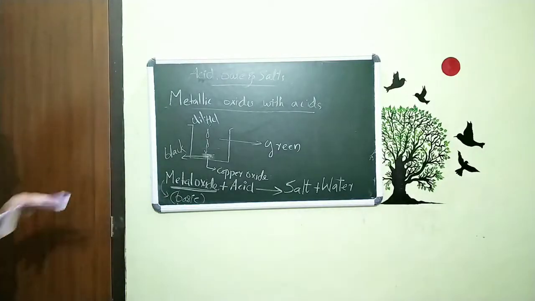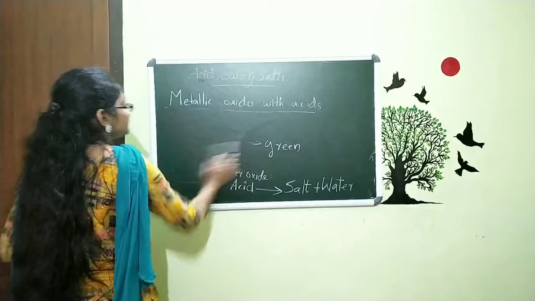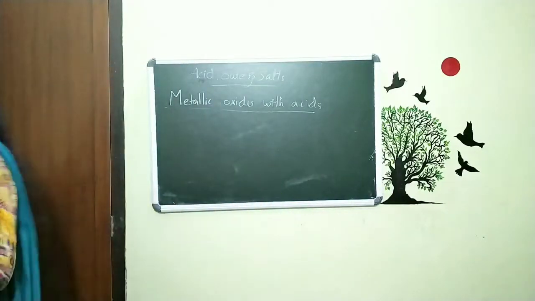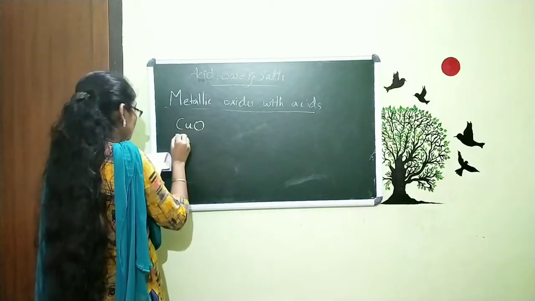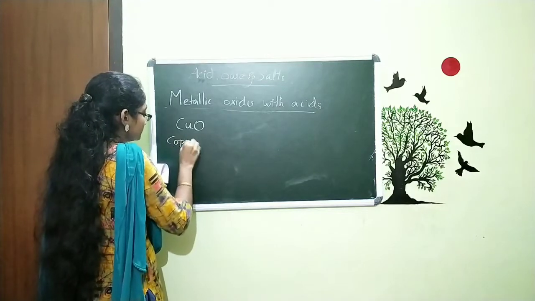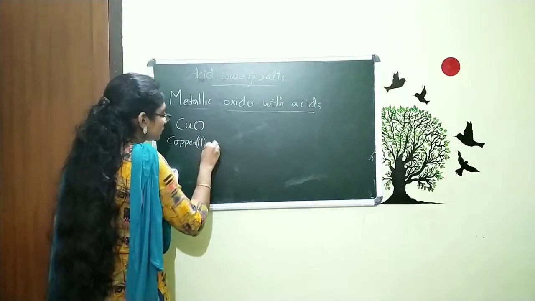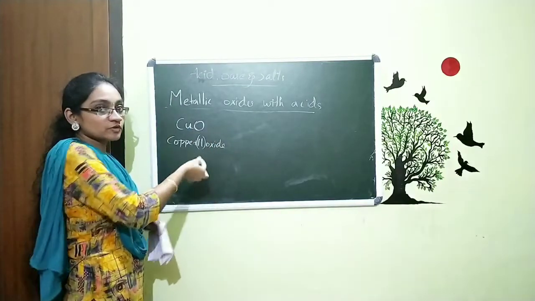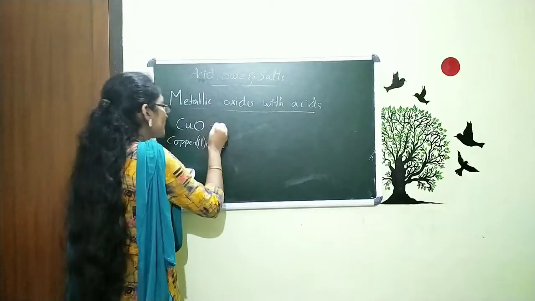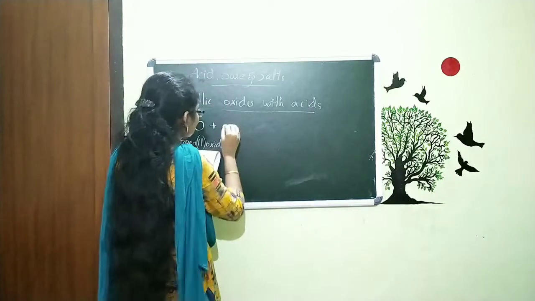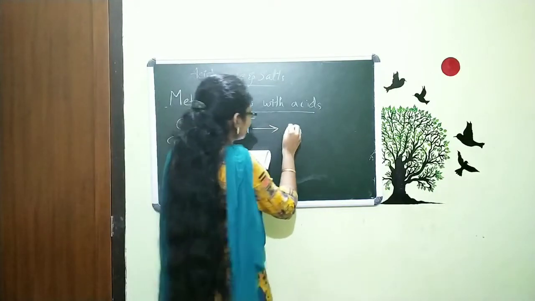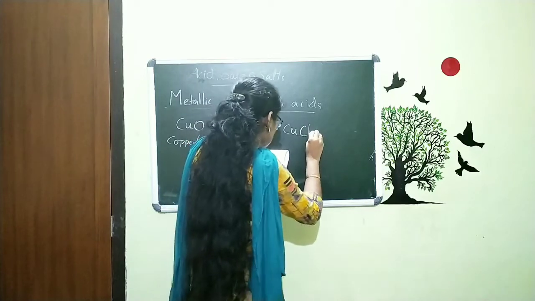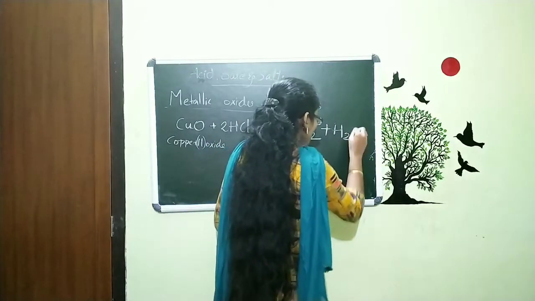Now we are going to write the equation for this experiment. The equation is like this. When copper oxide, CuO, actually copper 2 oxide, which you are familiar with, reacts with 2 hydrochloric acid, then you get the result as CuCl2 plus H2O.